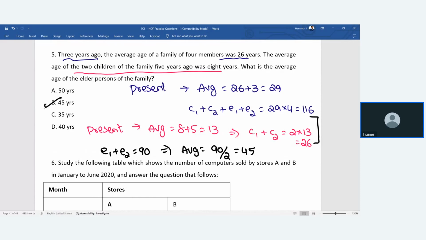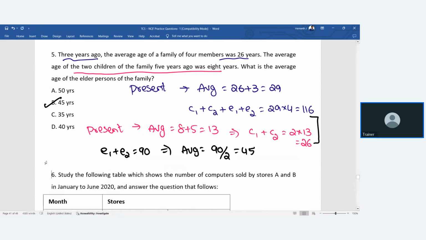Okay, only twist. Generally, they'll give you 4 members' average and 2 members' average, and ask about the remaining 2. But the extra thing they have given in this question is that the average 3 years ago is given, and the average 5 years ago is given. If you want to find the present average, just add 5 or just add 3. If it is 3 years ago, just add 3, and the present average will come, right?